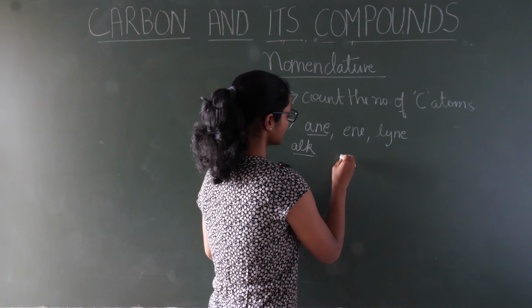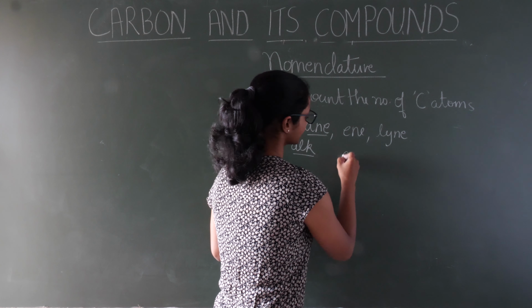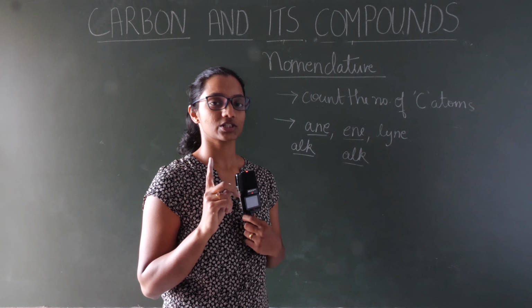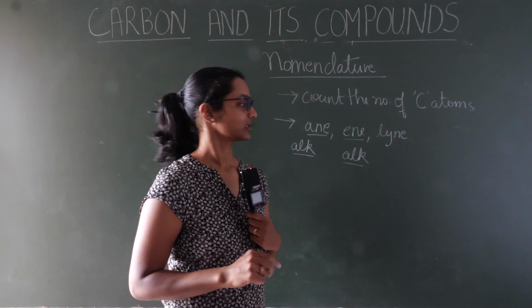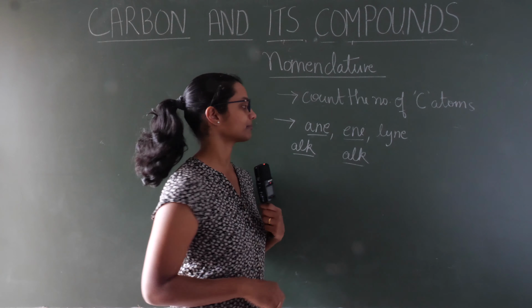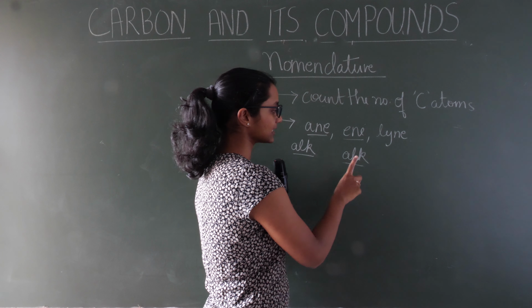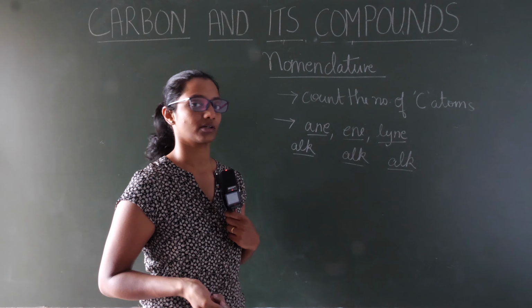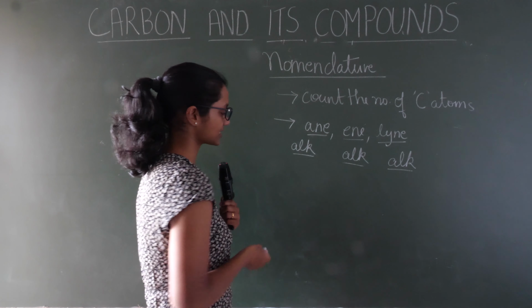For unsaturated, double bond, it is alkene. So don't get confused, just read the word carefully. When it is ane, alkane, it is saturated carbon compound. When it has ene, alkene, it is unsaturated double bond. And alkyne, you just need to see the second part of the word. When it is alkyne, then it is triple bond, unsaturated. So that would be step 2.